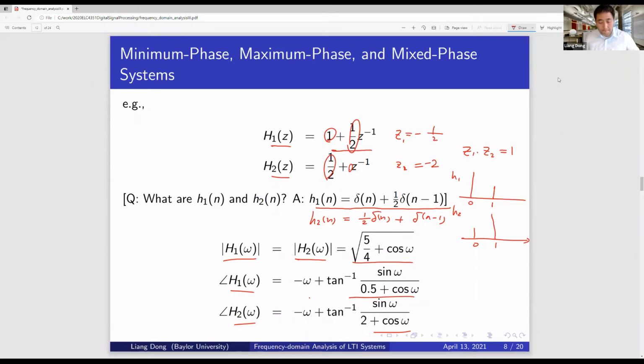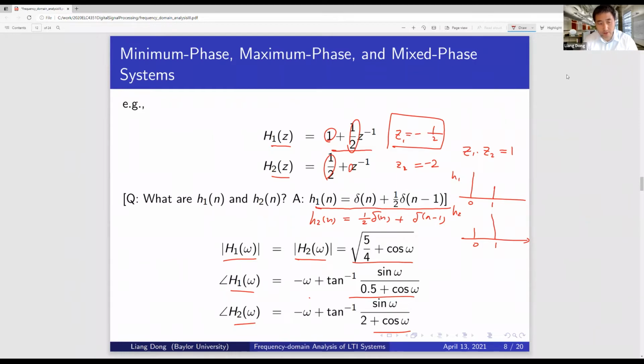It's only half of that. So in this case, H1 has a small group delay, and H2 has a larger group delay. And indeed, H1 has a zero that is within the unit circle. It is minimum phase. So the minimum phase will give us a small group delay.